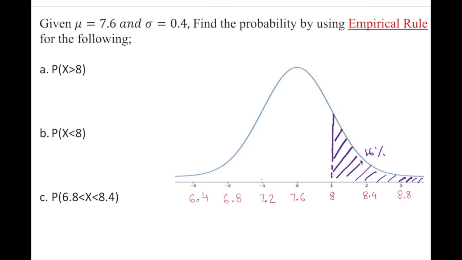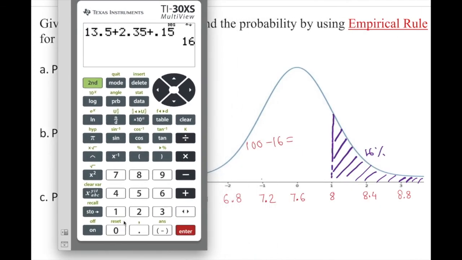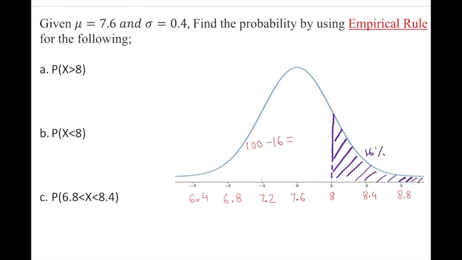Since we know this is 16%, we are looking to the left side here. This body we are looking for. So 100 minus 16, that's 84%. So this is going to be 84% because we are looking to the left from here. So this is 16%, and this is 84%.